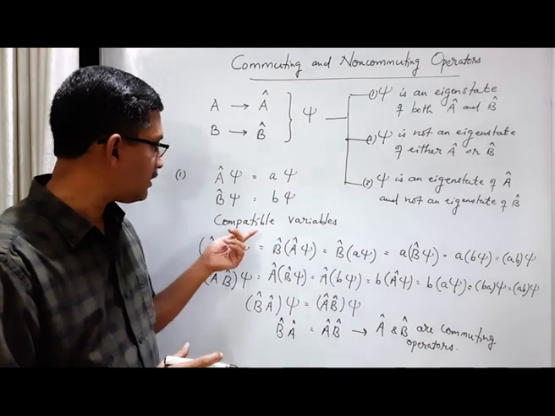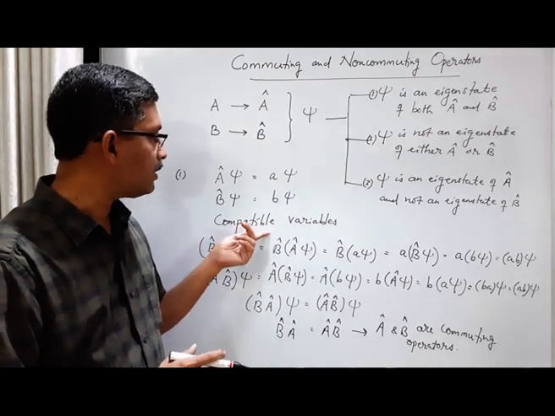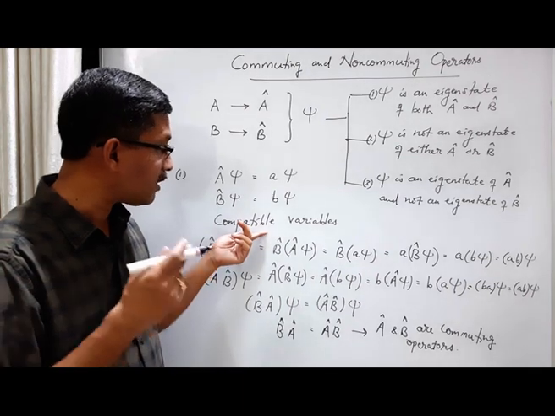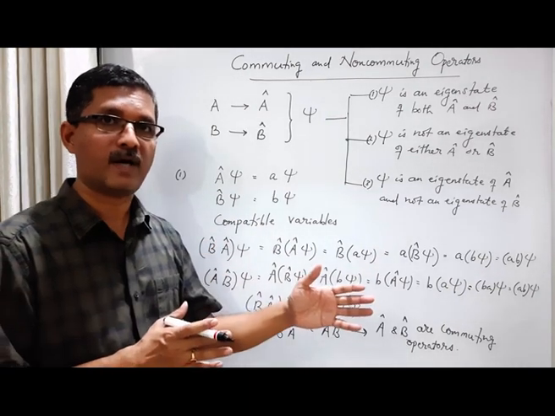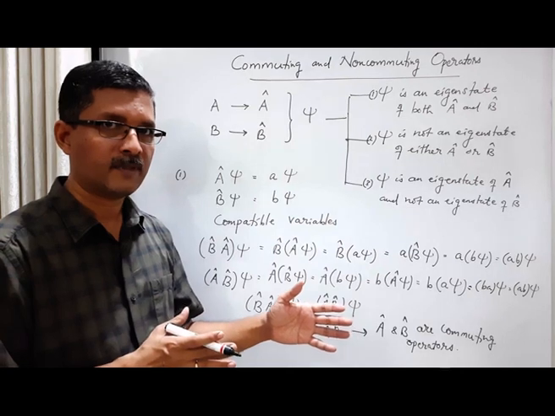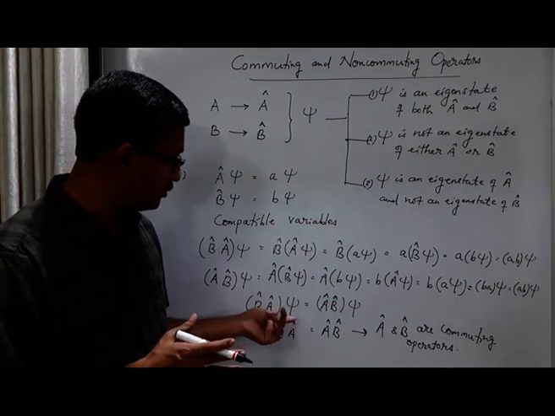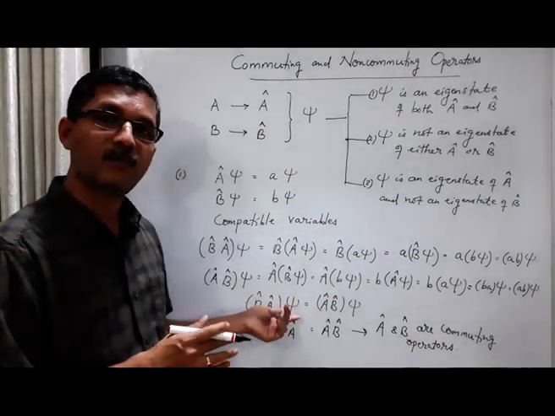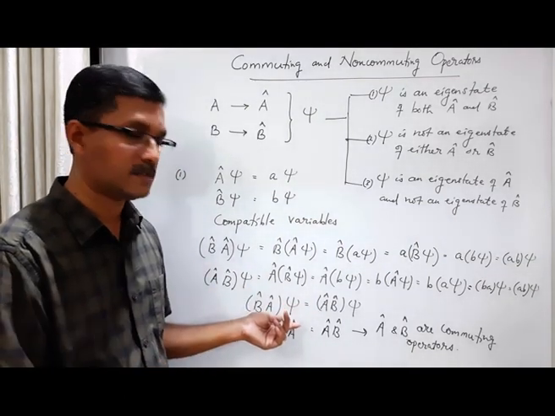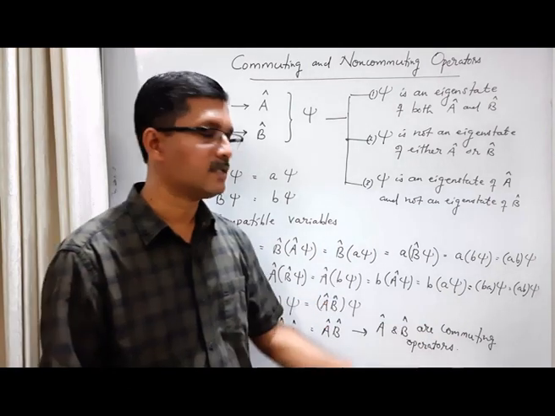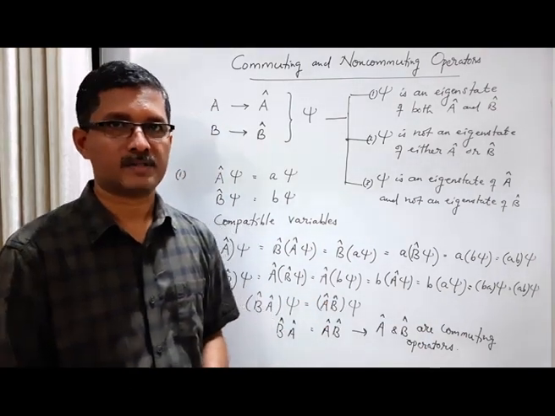There is a condition here. If two variables are compatible for a complete set of eigenstates of the system, in other words, if this equation is satisfied for a complete set of eigenstates of the system, then the two operators are commuting operators.